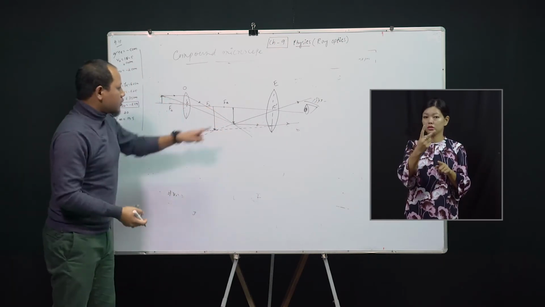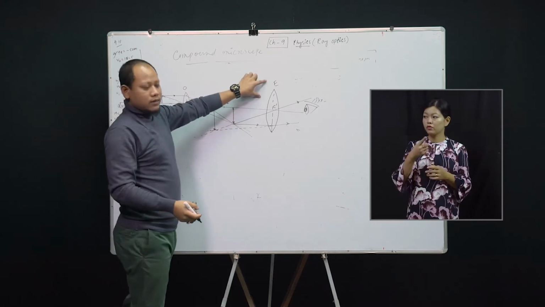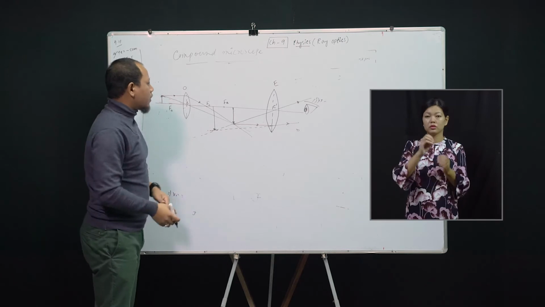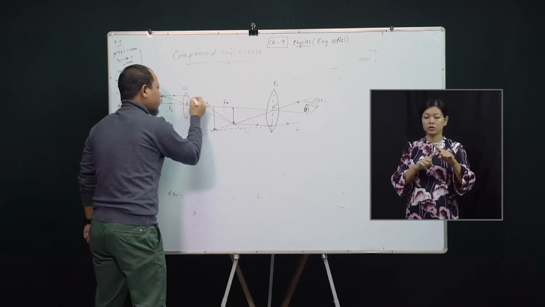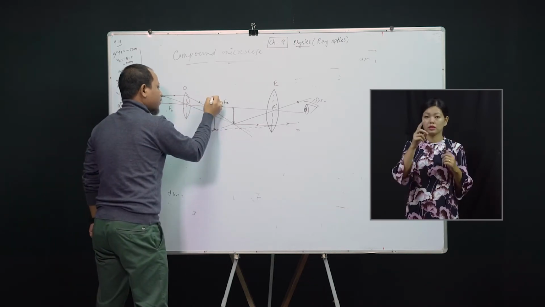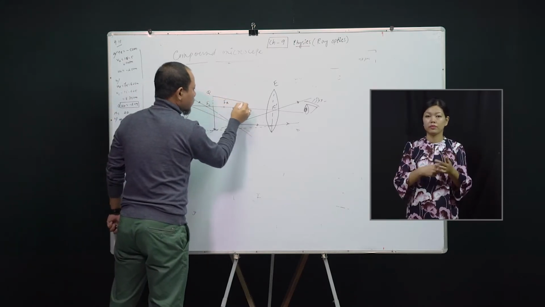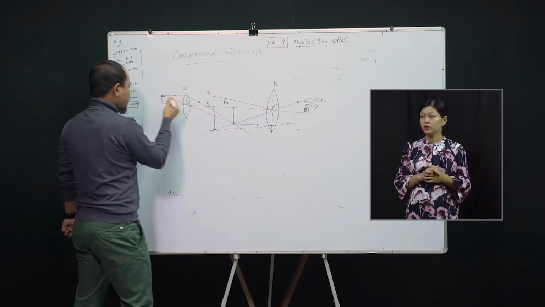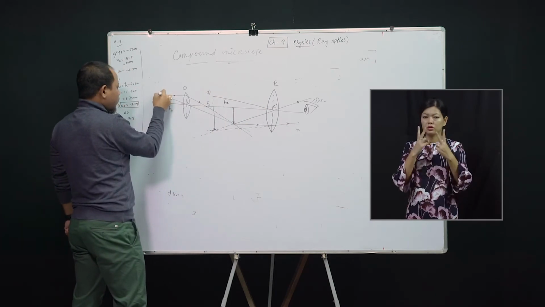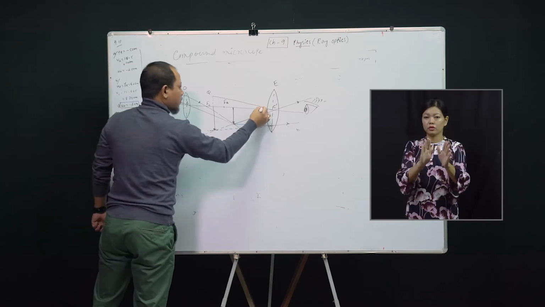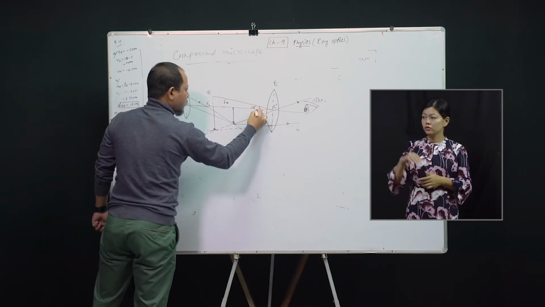As you can see, this is working as an object for the eye lens, and they are erect. Both are what? Erect. So, this is virtual. Okay. Let me do a small construction here. I will take this Q and this here. Okay. So, this size is equal to AB. Okay. So, here I will take this alpha, and this is beta.